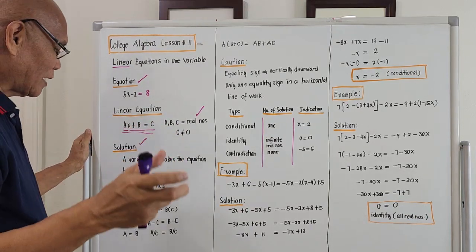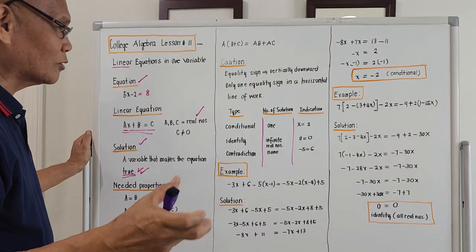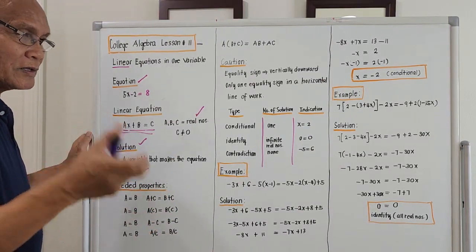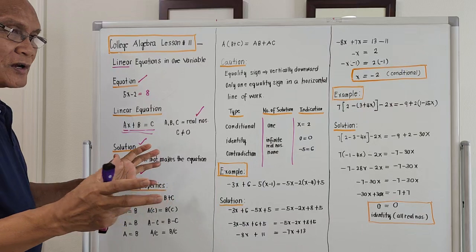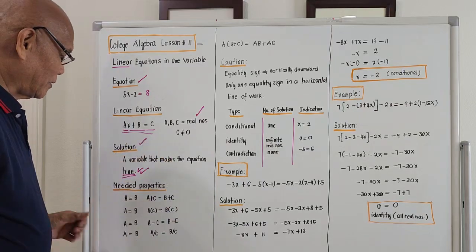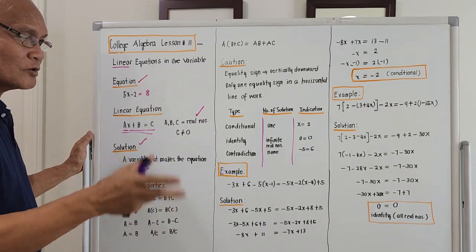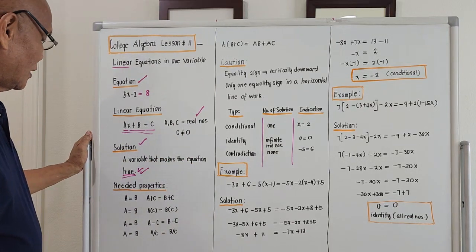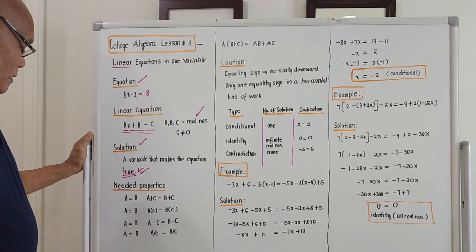Let's bring out the needed properties for solving linear equations. These are just concepts, so don't be bored. The concepts needed in the solution of linear equations are actually 5.